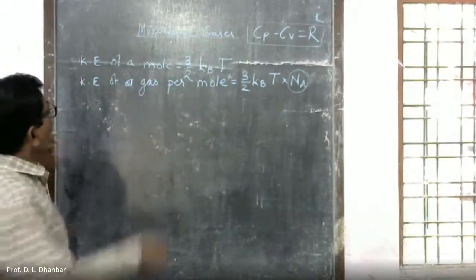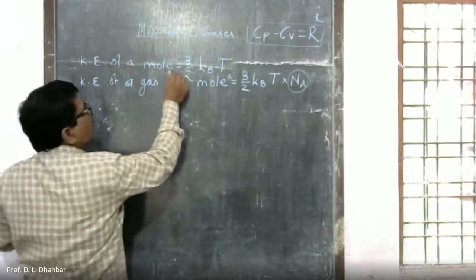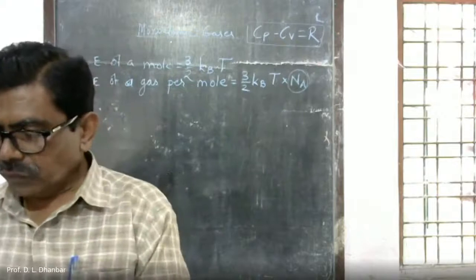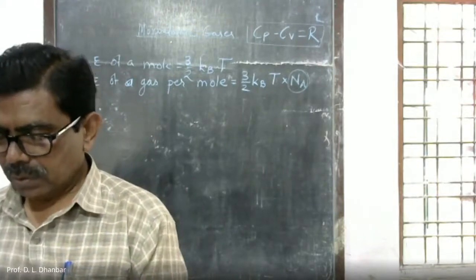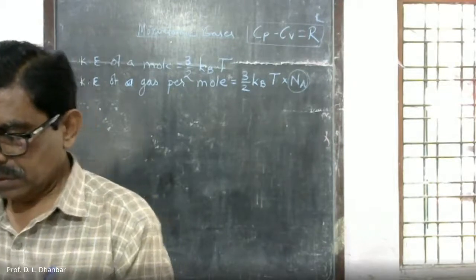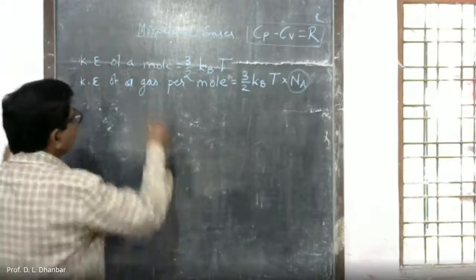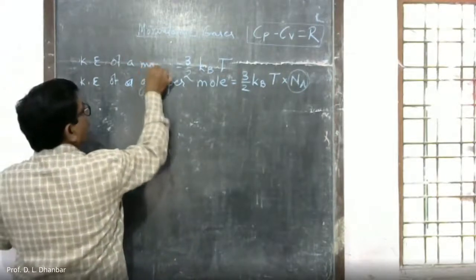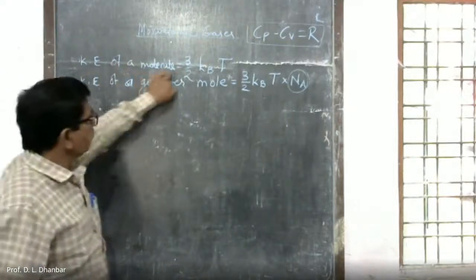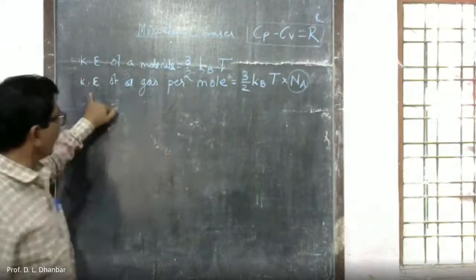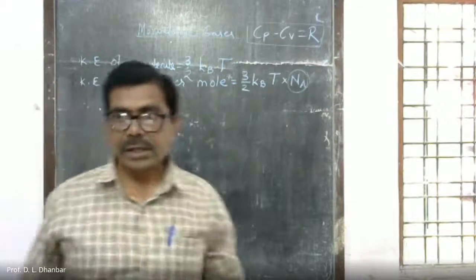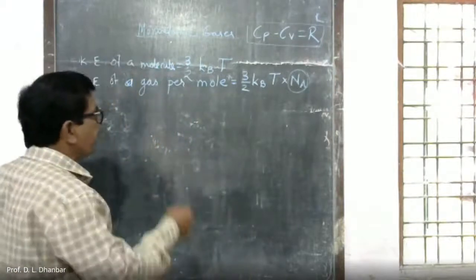The kinetic energy of a molecule is equal to 3 by 2 kB into T, and the kinetic energy of the gas per mole is given by 3 by 2 kB into T into Na, where Na is Avogadro's number.